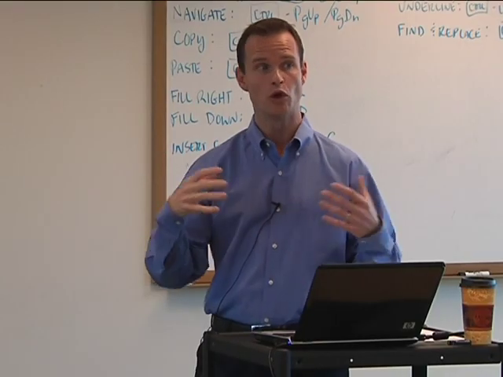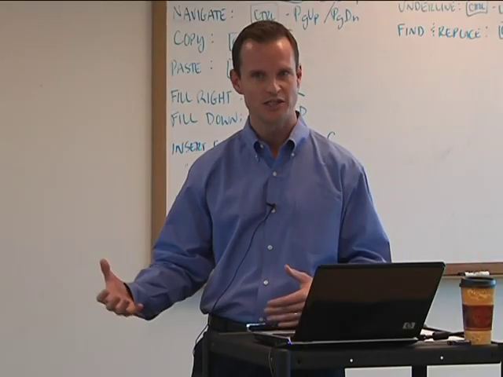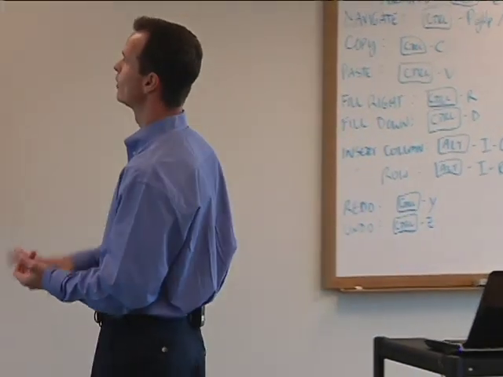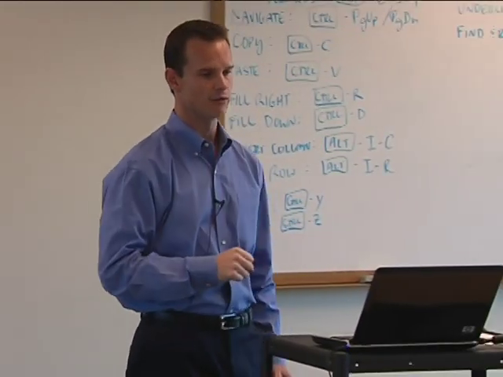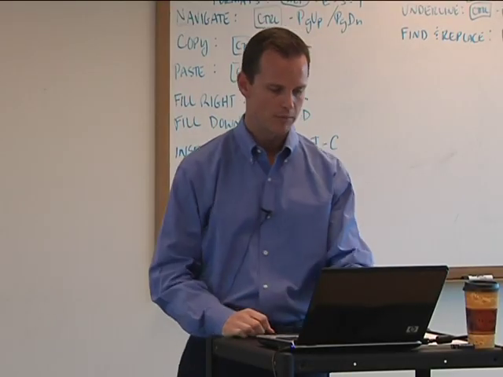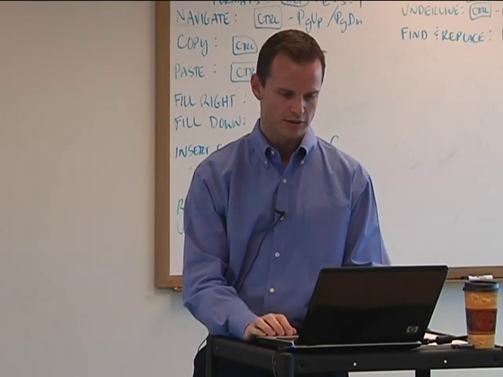If you do a global find and replace, every G in your model is going to be changed to an H, anytime it happens in the text or in the cell references, so be very careful. Make sure you've selected only that range. Find G, replace with H. Then you can tab over until replace all is highlighted, hit enter.